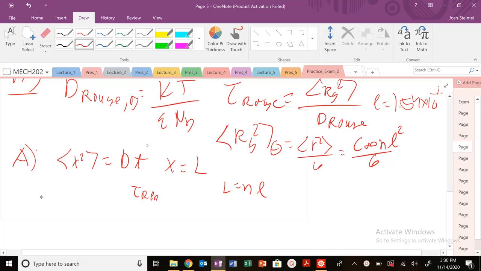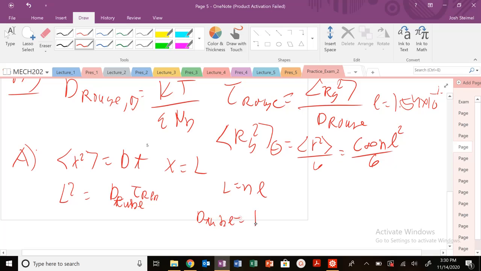So we move a distance L squared, moving a whole contour length to create a new tube. Inside of our tube, we are looking at diffusion in the Rouse regime. So D tube equals D Rouse, which is going to be equal to kT over beta times the number of A repeat units. That is our expression for D Rouse or D tube.